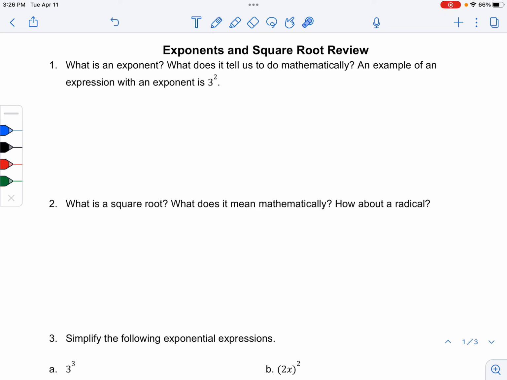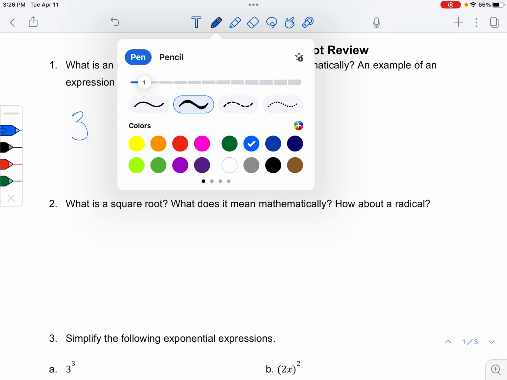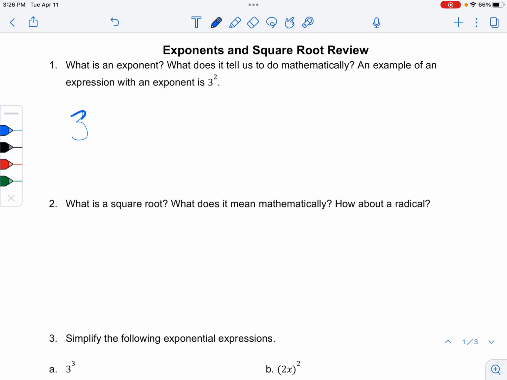So if we're looking at this example, we have 3 with that little 2 above it, we say that's 3 to the second power. The 2, that little number up top, this is our exponent. And the 3 down here, this is what we call the base.